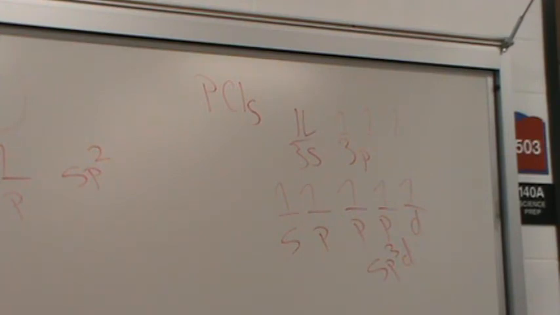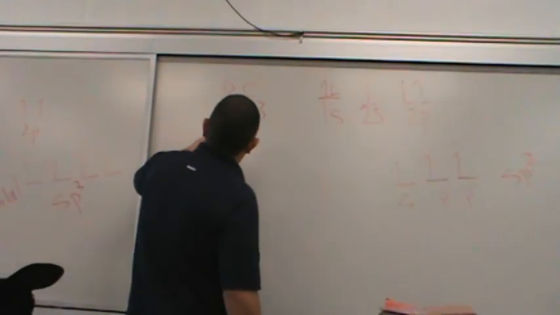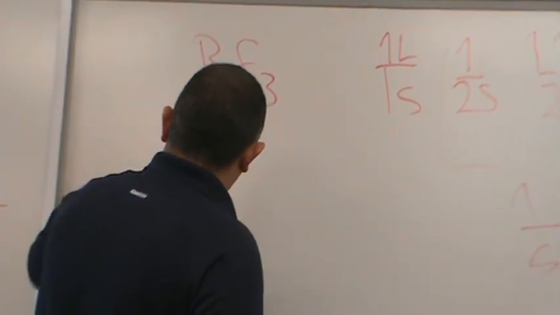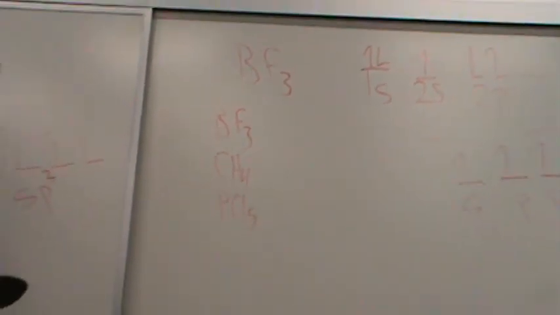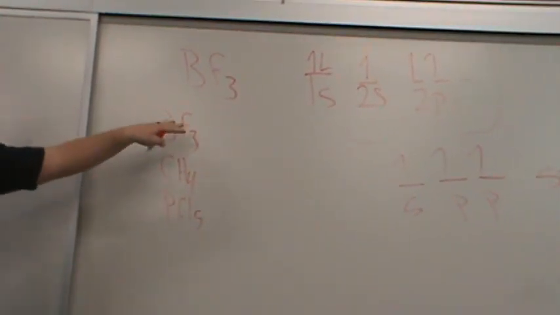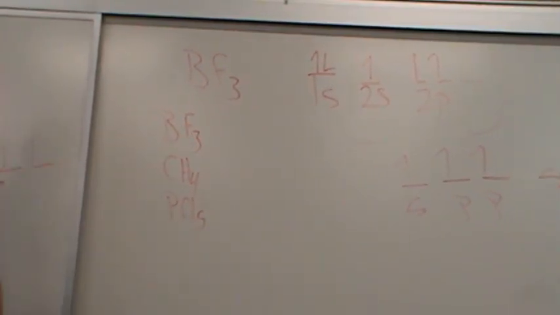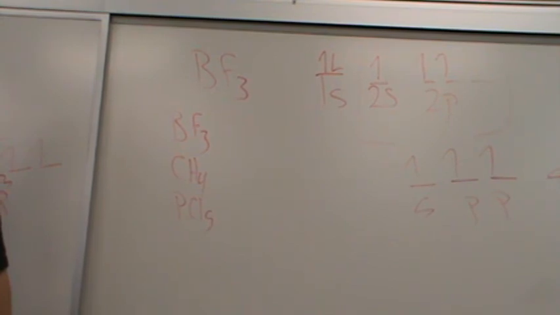Now I can show you this with all of them, but there's an easy way. Remember this. I like easy, I like short. So let's go back and look at these 3. BF3, we said that we had 3 things coming off the central atom, right?